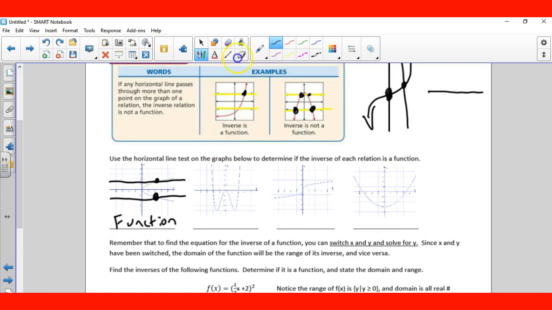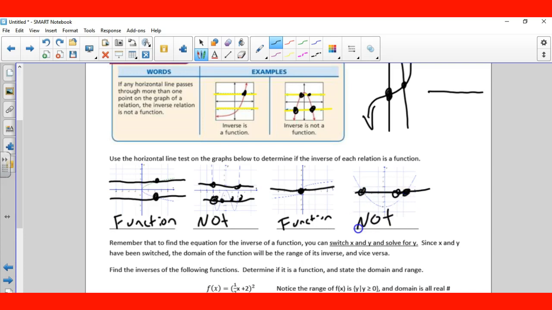Here, the line touches twice, or if I draw it right here, it touches 4 times, so this is not a function. Here it touches only one time, so this is a function. And here it touches twice, so this is not a function.